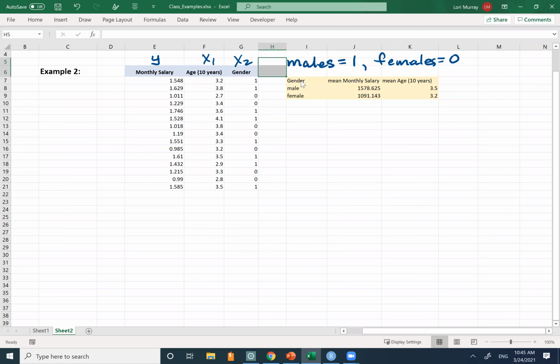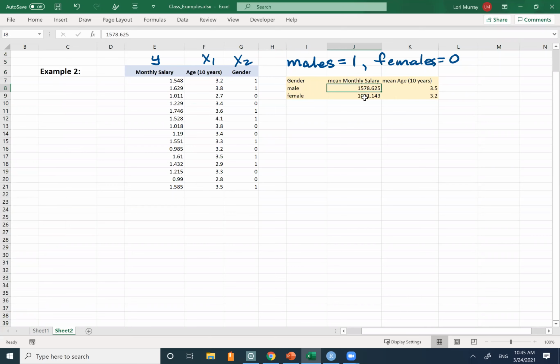So the very first row is a 32-year-old male that makes $1,548 per month. The second row is also a male, 38 years old, who makes $1,629 per month. I have done some summary statistics.